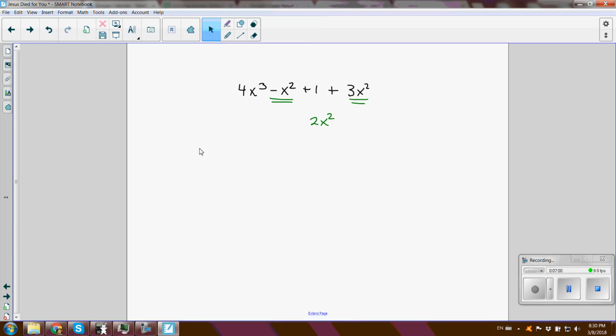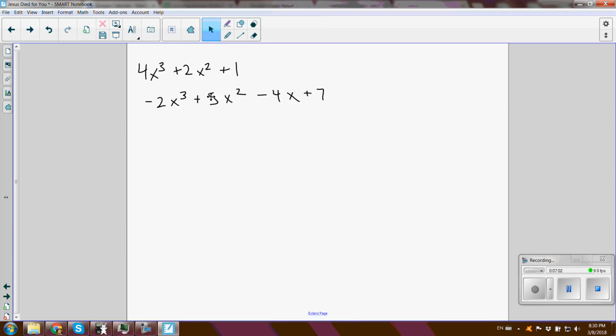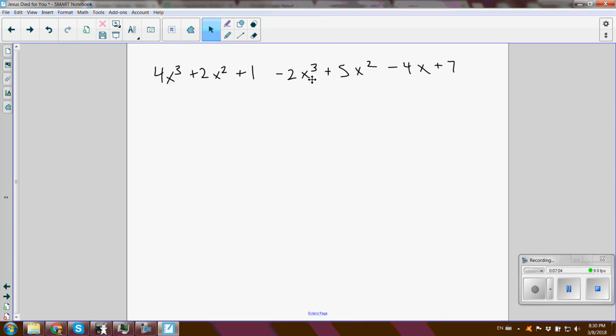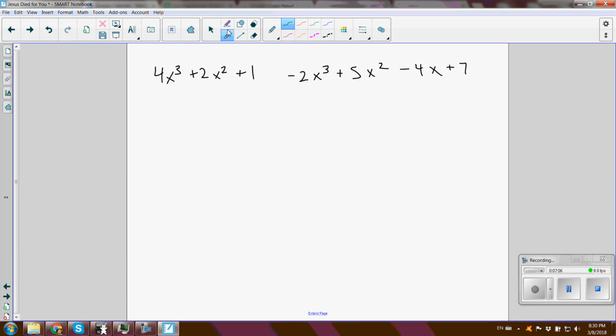Let's take this to another page. Let's do it both ways. Well, this polynomial minus this polynomial. All right, this is a little more challenging. But most people find it easier to distribute this minus sign.